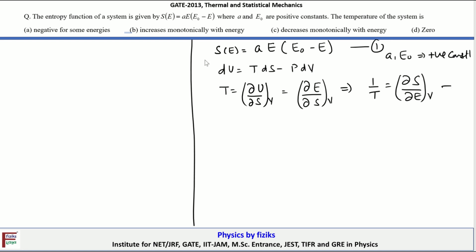By making use of equations 1 and 2, the expression for 1 by T is dS by dE, and that is equal to A.